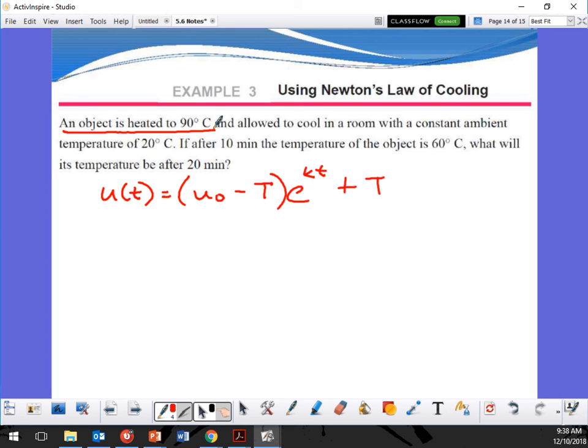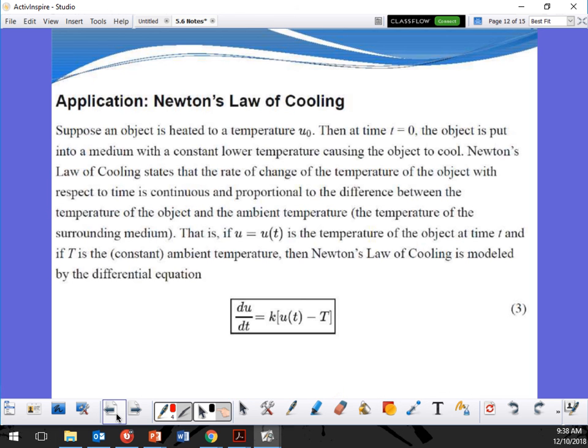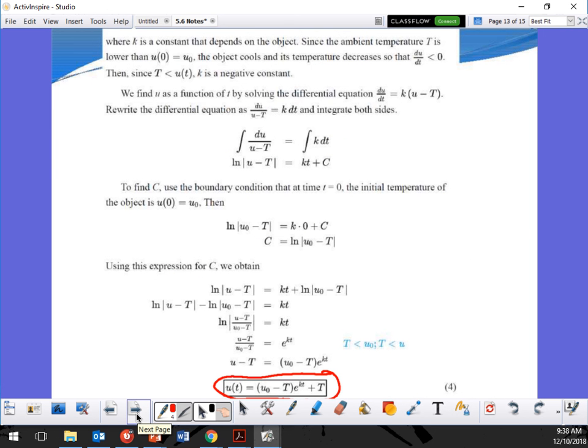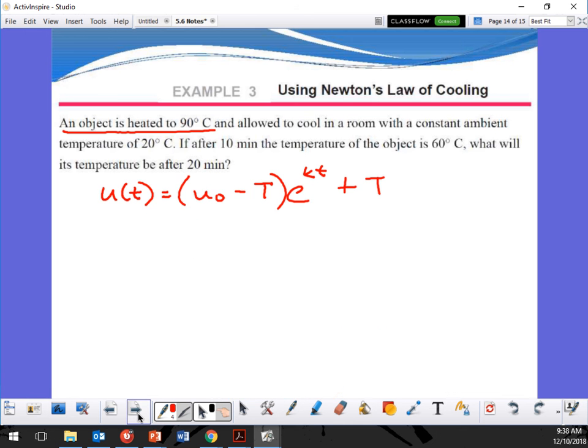Which one of these weird things written here am I going to replace it with? Oh, the initial u sub naught. Okay.